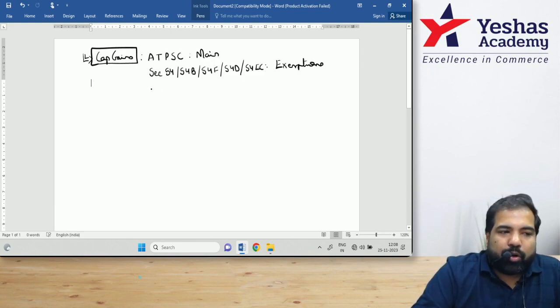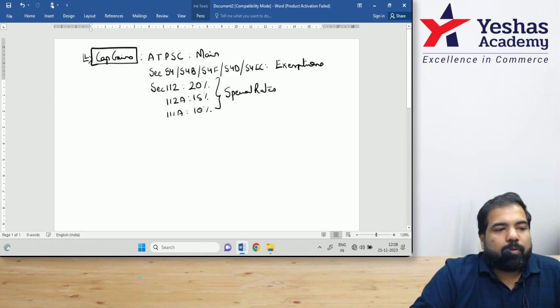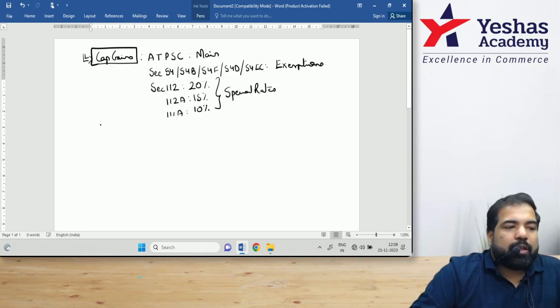And guys, if you want to remember, you could remember this one. Section 112 is when it's taxed at 20%. 112A and 111A, this is at 10%, this is at 15%. Guys, these are special rates, if you remember. Yes. 111A is 15 and this is 10%. All right. That was capital gain.